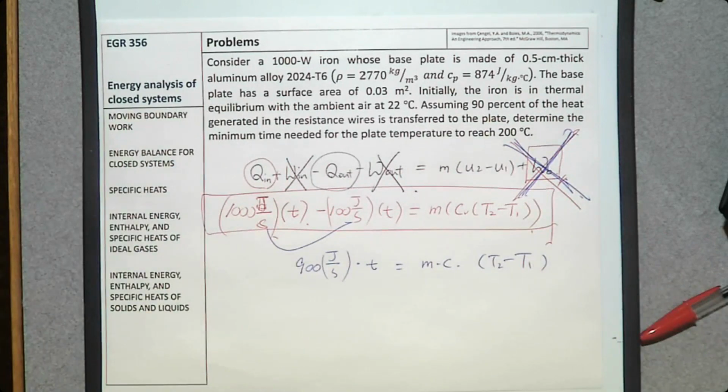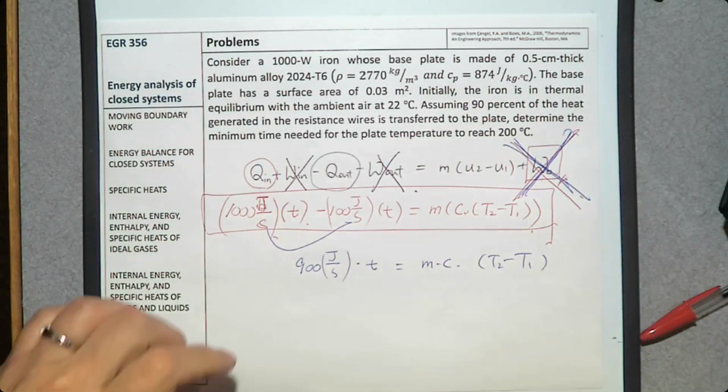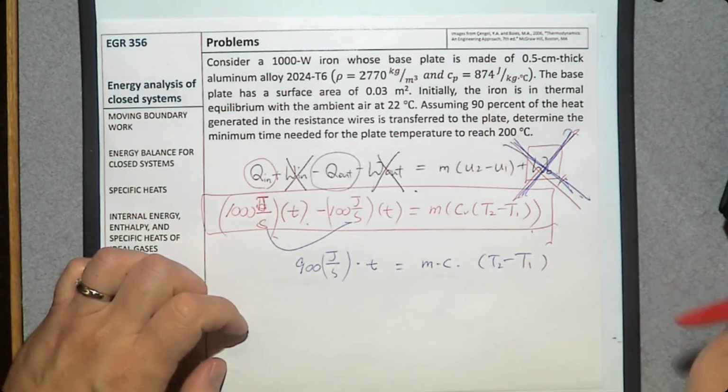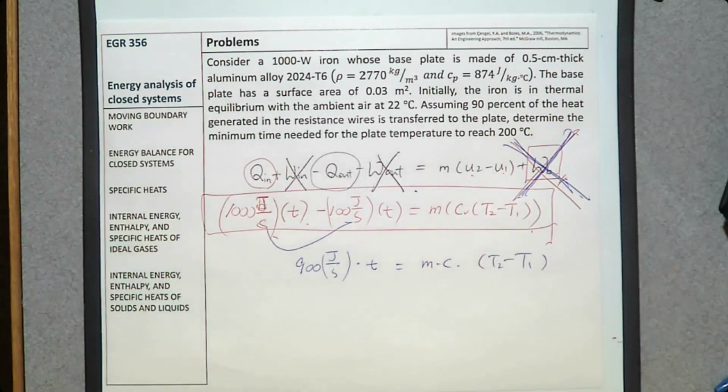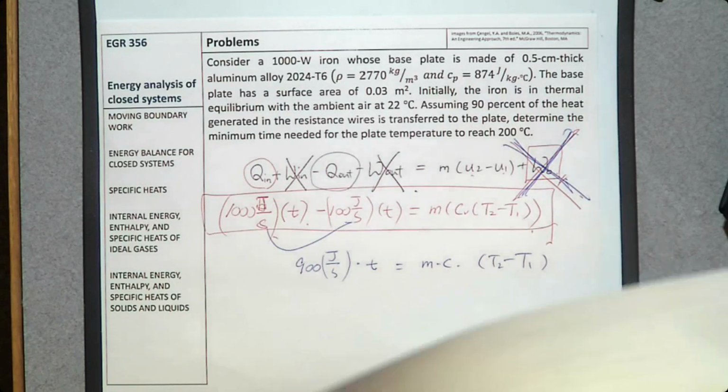By the way, you can see if it is U2 minus U1, we learned that we have to use specific heat Cv. If it is H2 minus H1, we have to use Cp. However, there is no difference between Cp and Cv when you have a solid. Why is that?